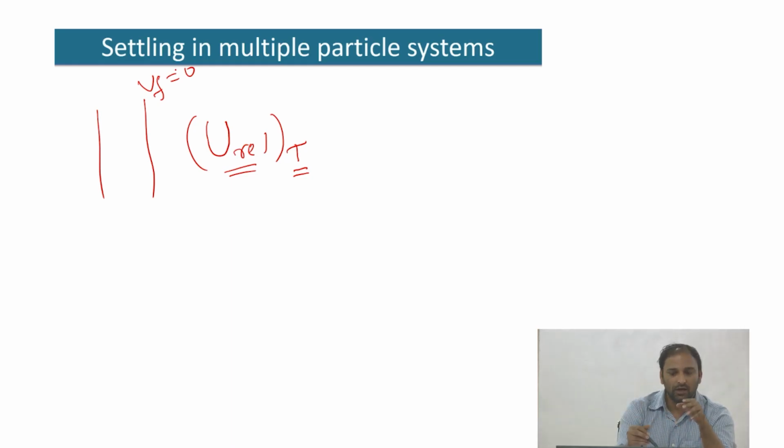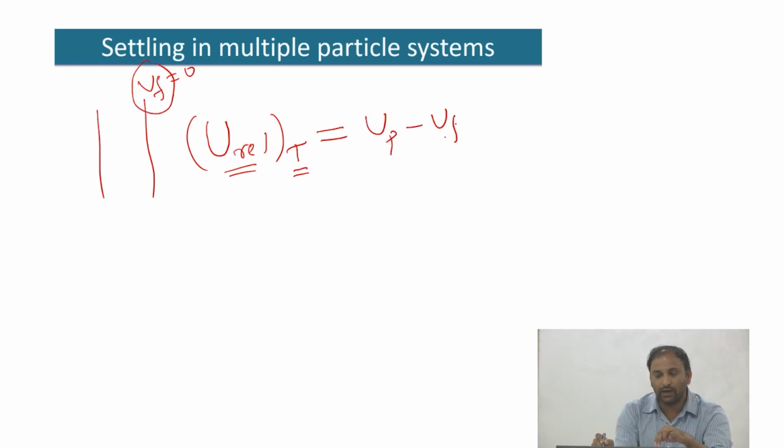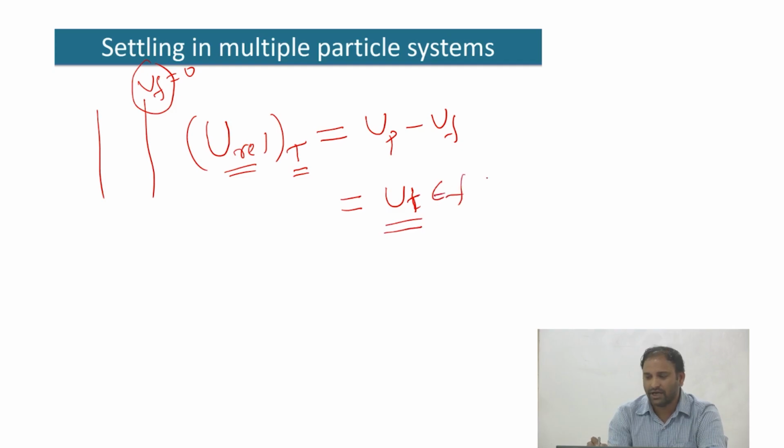Okay, there's going to be a UF component as well, and this UF is actually U of particle minus U of the fluid, right? And we just derived that it basically goes as UT, which is the terminal settling velocity under free settling conditions, multiplied by epsilon into f of epsilon.